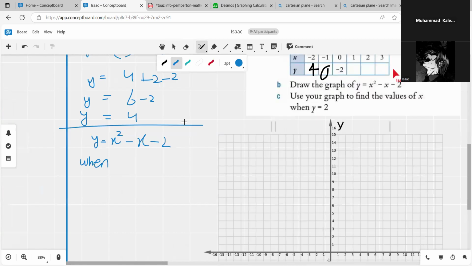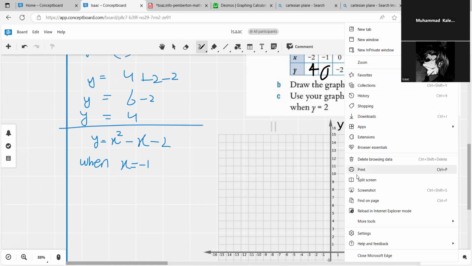Yeah, 4 is the correct answer. When x is equal to -1, let me use the calculator as well.